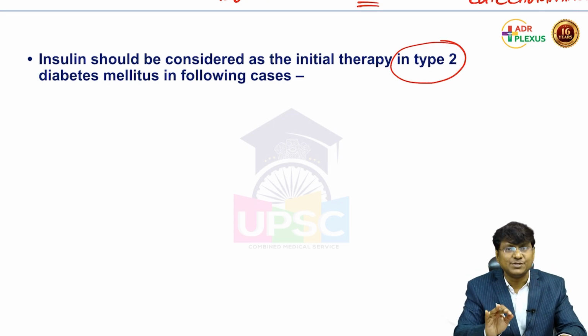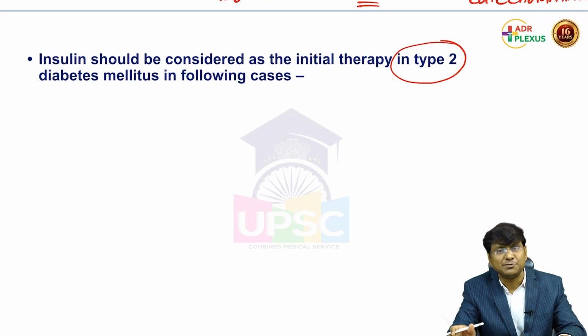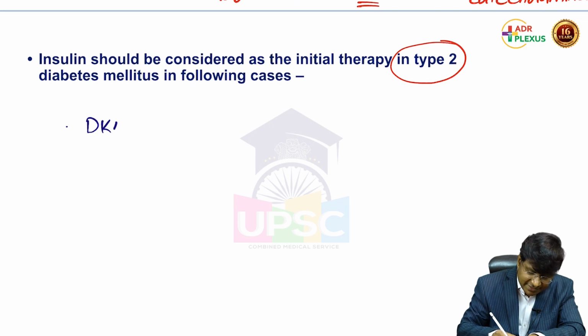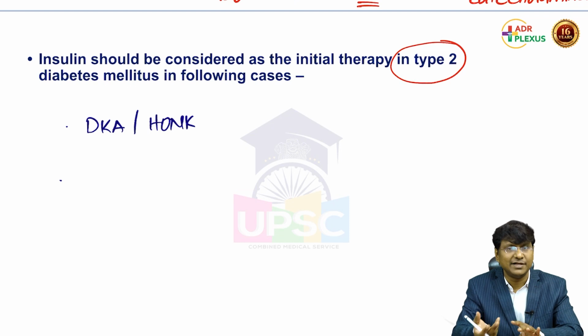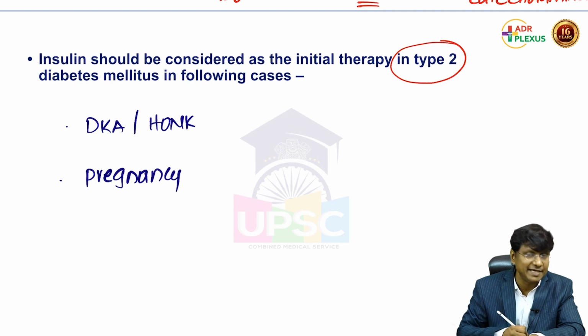There are certain exceptions where you will be giving insulin in type 2 diabetes mellitus. Like for example, a patient with type 2 diabetes who has developed a complication like diabetic ketoacidosis or hyperosmolar non-ketotic coma, we need to give insulin rather than OHA. Right? Pregnancy, we give insulin rather than the oral hypoglycemic agents.